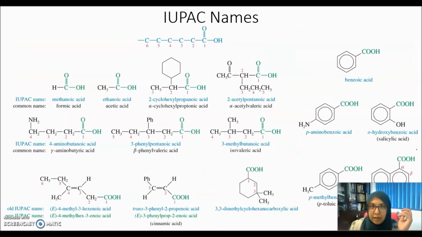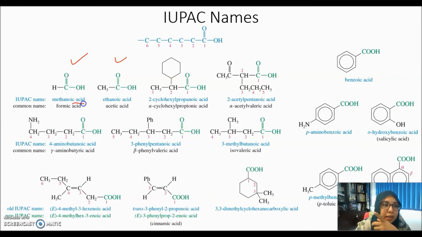Now for the IUPAC naming, we're going to learn a lot of it. The first one we're going to learn about is acid. First and foremost, you have to calculate how many carbons you have, and then of course the oic acid at the end.